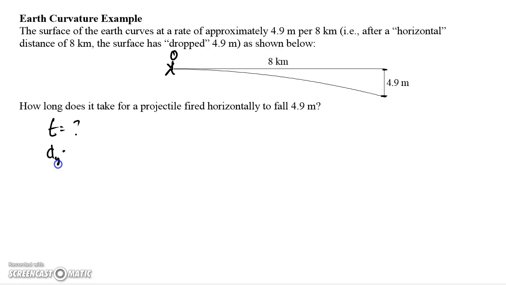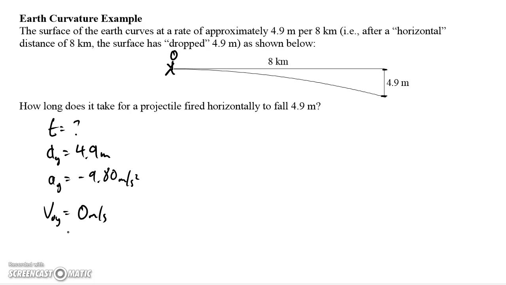We know our dy is 4.9 meters, and ay is negative 9.80 meters per second squared, and v naught y, since it's fired horizontally, is 0 meters per second. We're not given vx, but we don't need it.